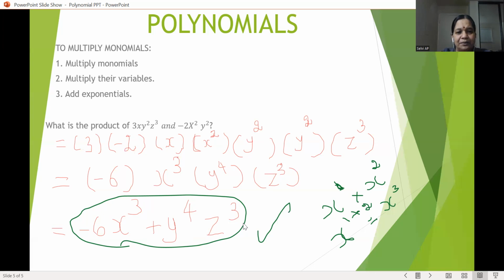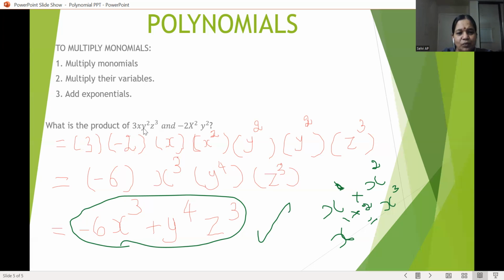So when you multiply monomials, this is monomials because here only one term, because between these variables and constant coefficient, it doesn't have any arithmetic sign. Okay, so no plus minus anything in between the variables.